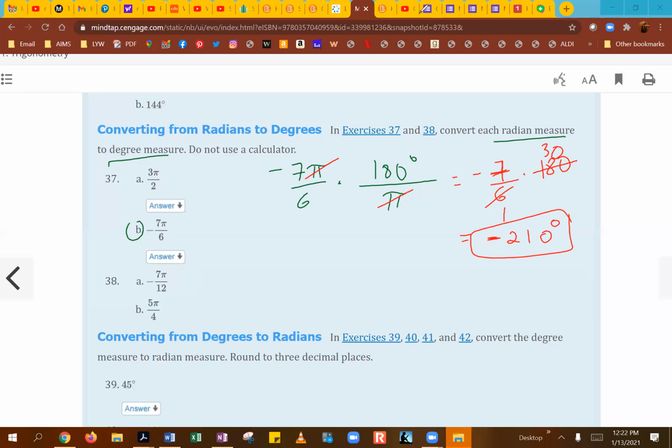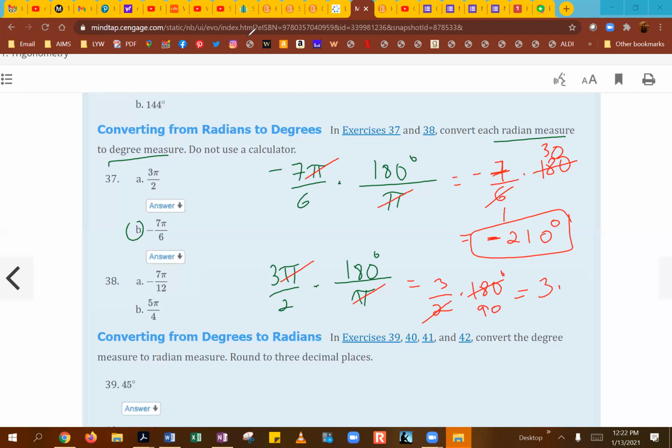So, obviously, if you did that with the 3 pi over 2, same thing. 3 pi over 2. Since we want to get rid of that pi, we put pi in the bottom, 180 degrees on the top. So again, the pi cancels out. You are left with 3 halves multiplied into 180. 2 goes into 18 9 times, so that becomes 90.